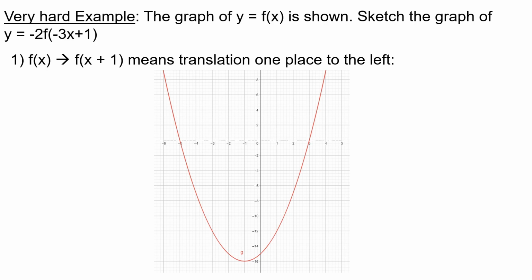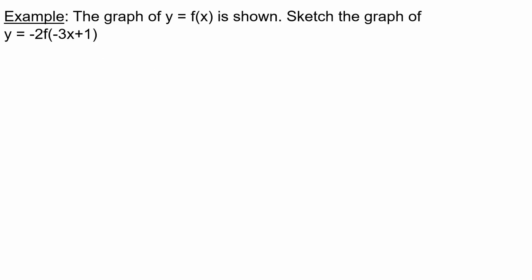Well, the graph is the same as the graph from before, so we've already done the translation 1 unit to the left, but now we need to multiply by 3 in the bracket. Now remember, that's going to have the effect of dividing all of the x coordinates by 3.